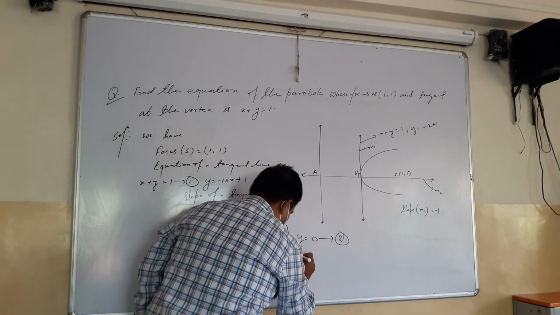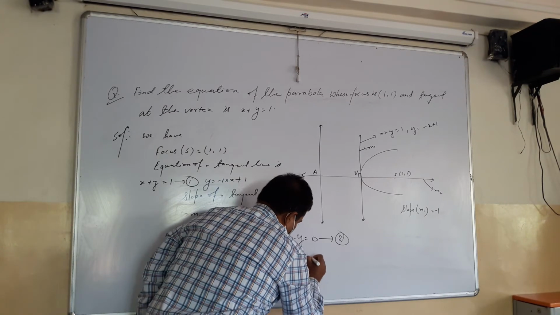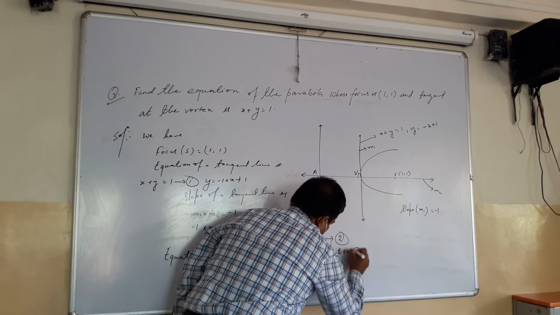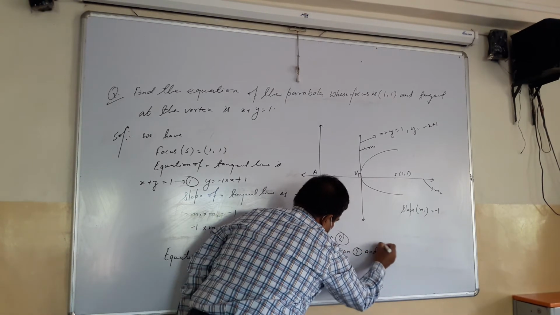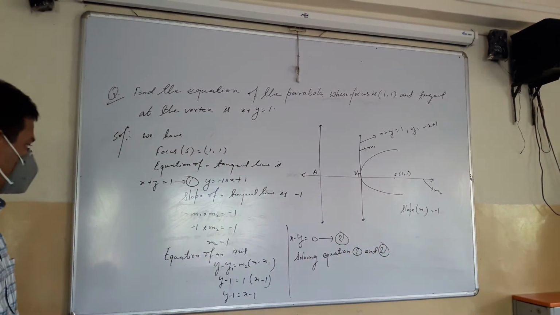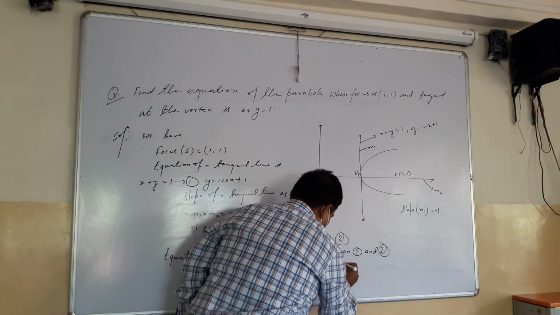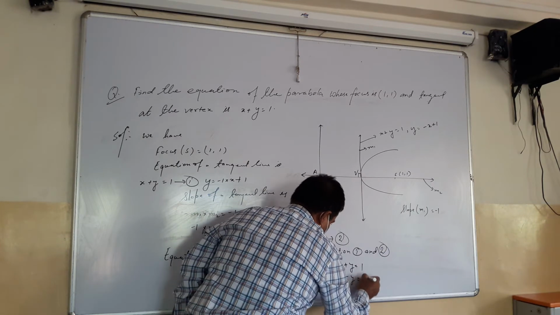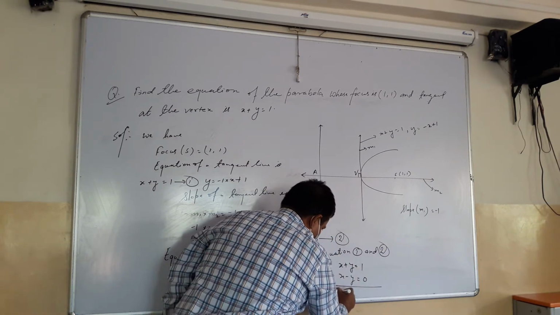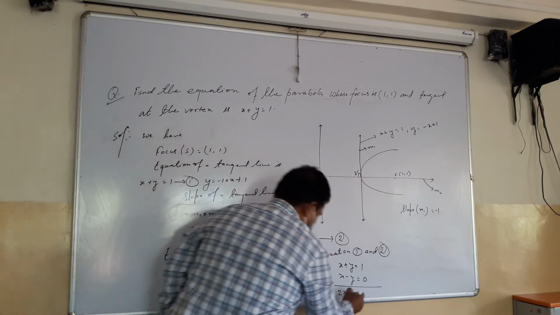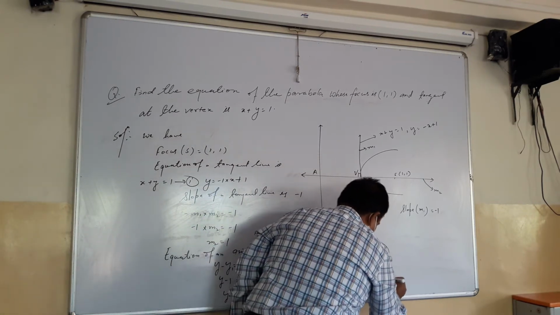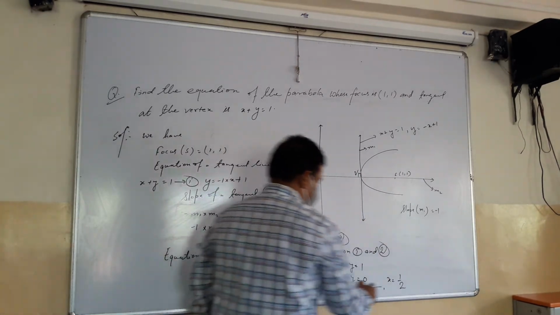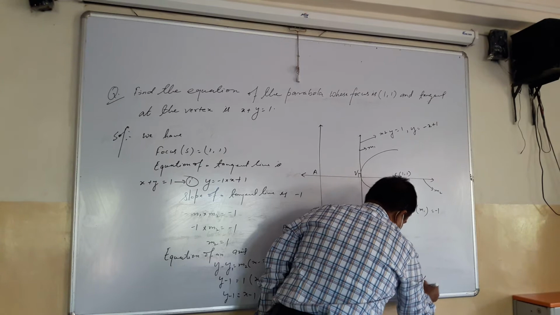Solving equations 1 and 2: x plus y is equal to 1 and x minus y is equal to 0. Simplifying, 2x is equal to 1, so x is equal to 1 by 2. How much is y? y is also 1 by 2.